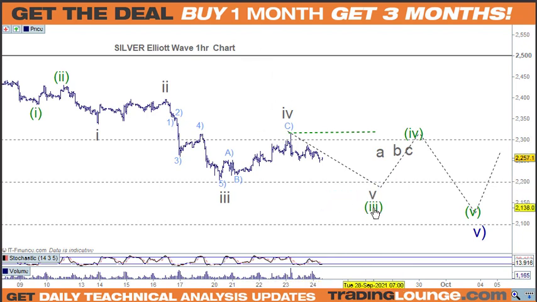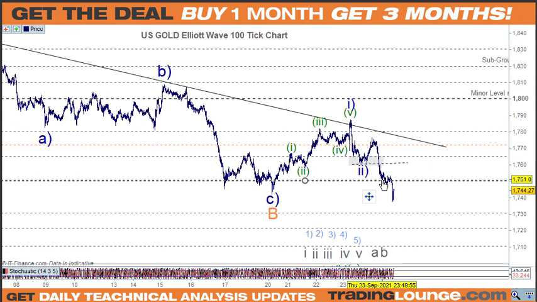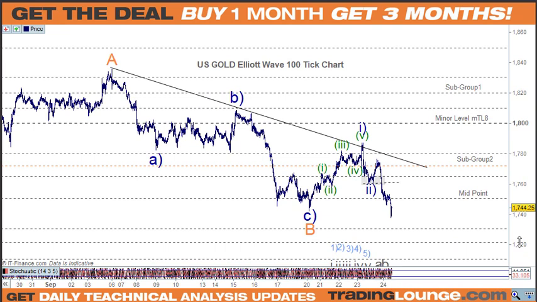So that means that coming back to gold, in one way or another, we're in that triangle pattern. My first instinct is to do something like this, but my problem with that is that we have 5 waves here. So there's a problem somewhere. Anyway, I'll get my head around it.